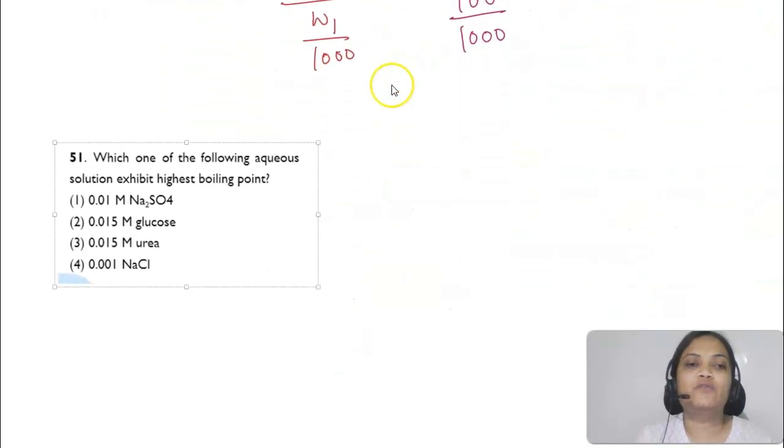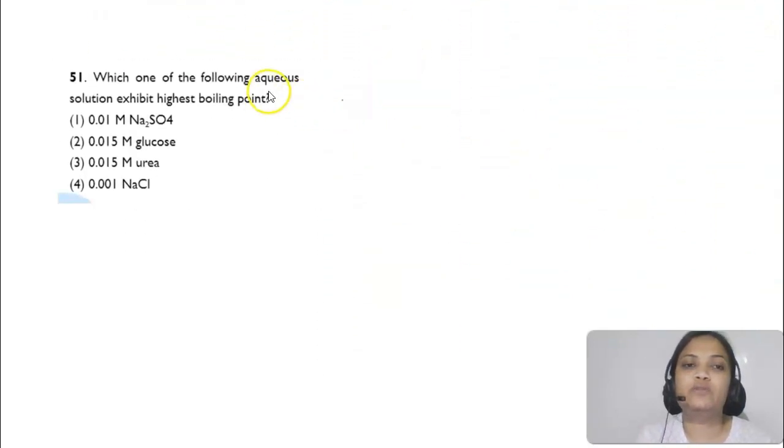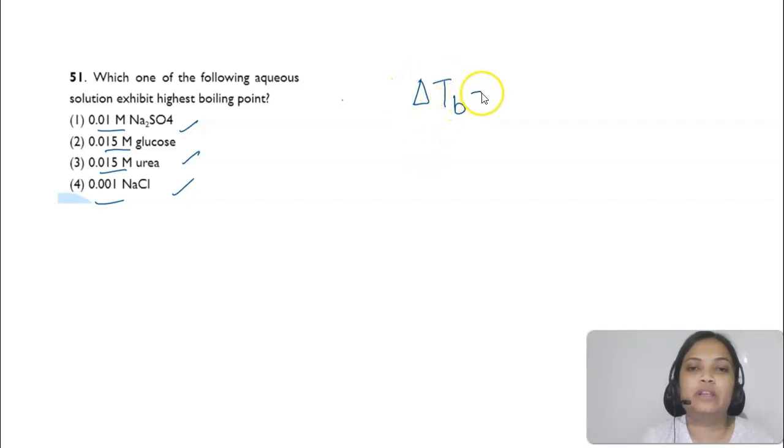It's a different kind of question. It says which of the following aqueous solutions exhibit the highest boiling point. Now how are you going to solve this kind of question? Here molarity is given, and different types of solutions are given to you. You know that the elevation in boiling point is given like this, Kb into M. It depends on the molality of the solution.